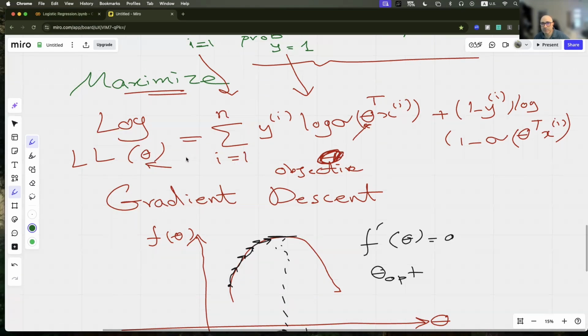For each sample, this log likelihood would be y times log p, plus 1 minus y times log of 1 minus p, where I define p there. This is for each of the n samples, and we can take the derivative of each one and add them up.